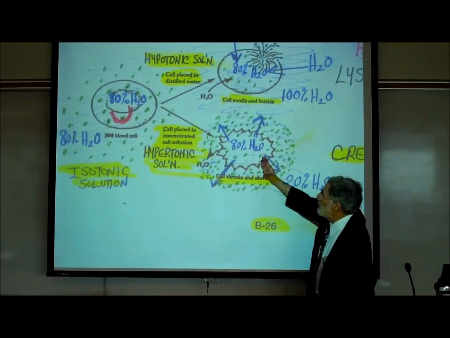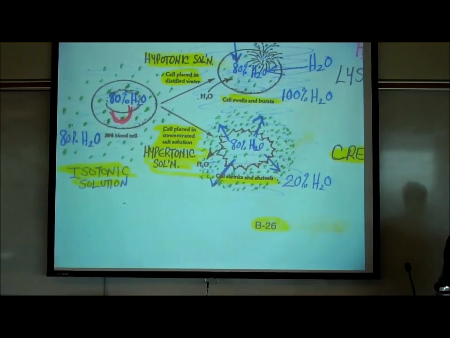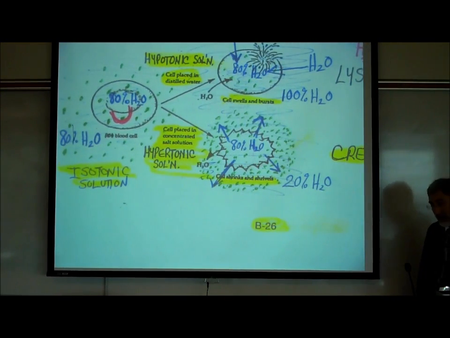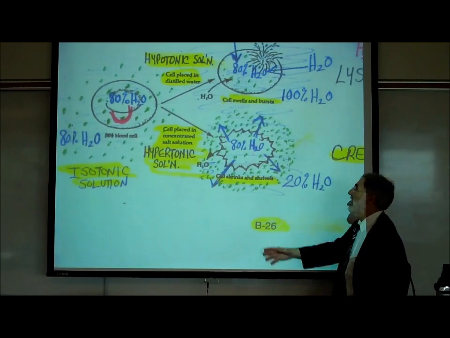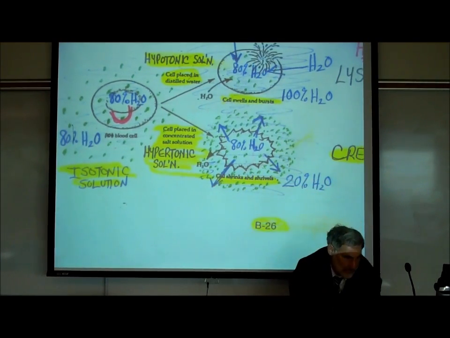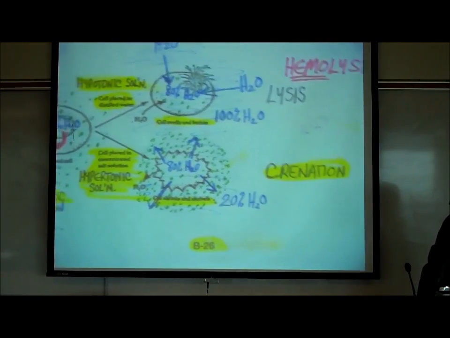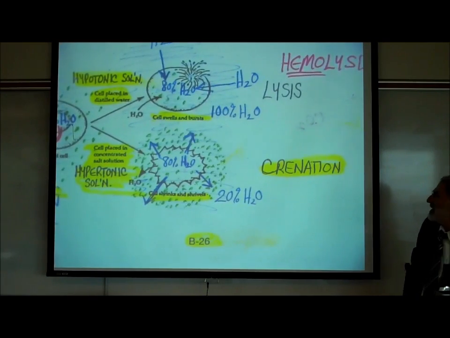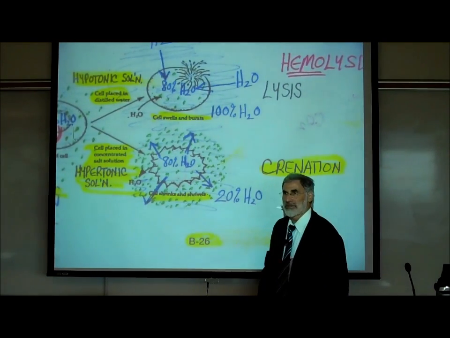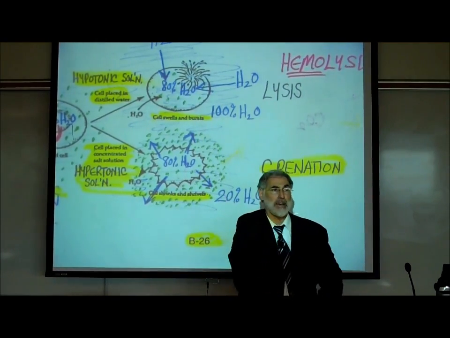And as the water flows out, what do we call the movement of water when it diffuses across the cell membrane? Osmosis. And as the water flows out of the cell, this whole cell is shriveling up. The term for that is crenation. It's undergoing crenation. It's shriveling up. That's not going to be a happy cell either. This cell burst, and this cell is shriveling up and collapsing.